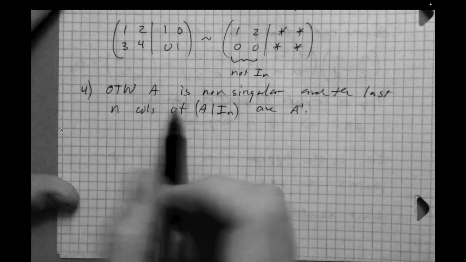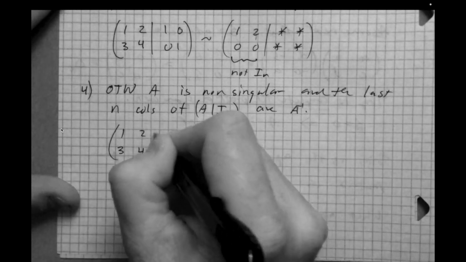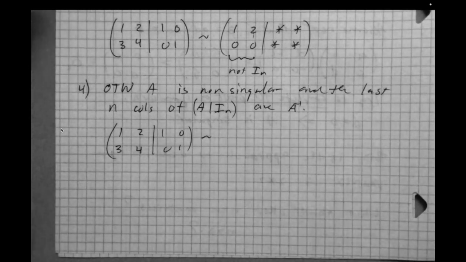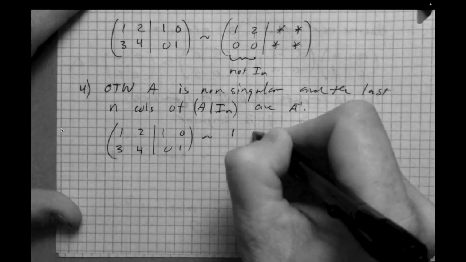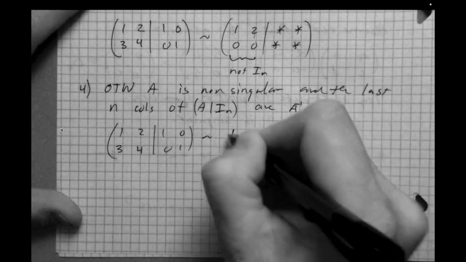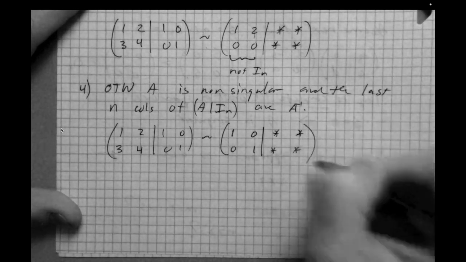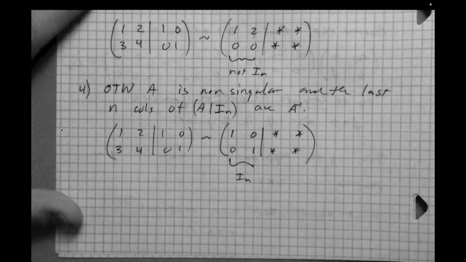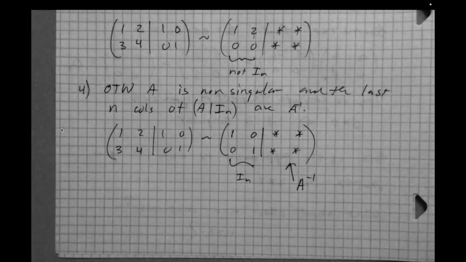Okay, so on the other hand, if you start with 1, 2, 3, 4, and then 1, 0, 0, 1, and you do Gauss-Jordan elimination on this, or row reduction, and you get to this form, 1, 0, 0, 1, and then something, something, something, something. If you can get it into this form, where this is equal to I_n, then this guy over here is the inverse. That's A inverse. Okay?